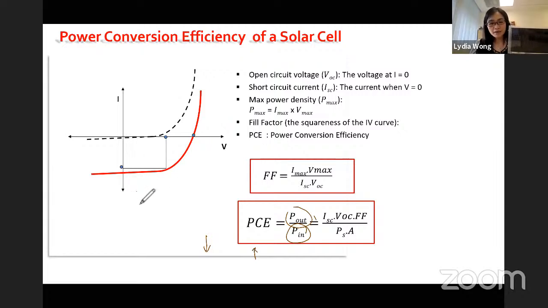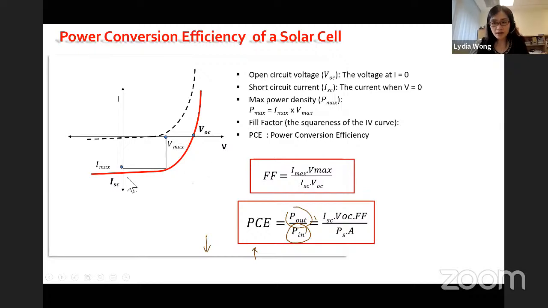And the important parameters of this solar cell are the open circuit voltage, the short circuit current, and the squareness of this curve, which is the fill factor. The more squarish this curve is, the higher is your fill factor.